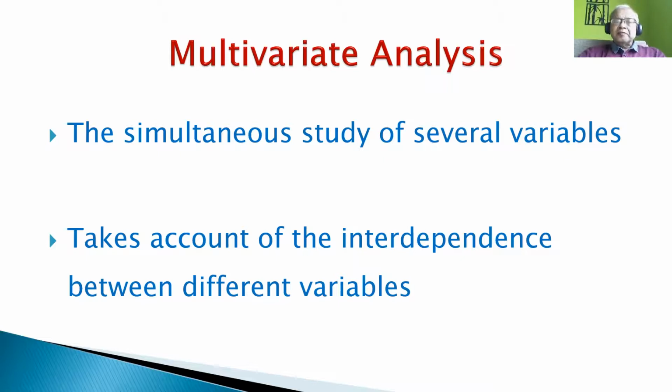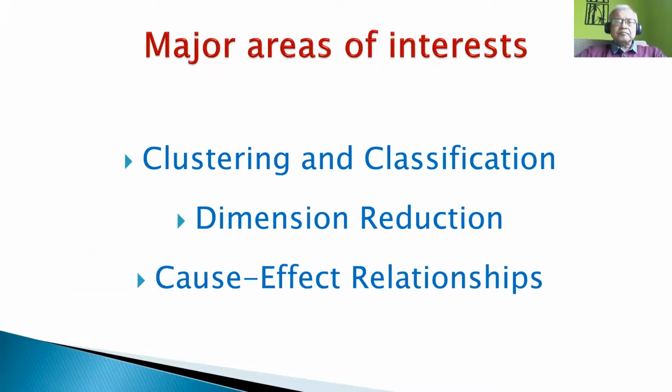But as I said before, when you study simultaneously several variables, there can be at times too many of them, and it becomes unruly. It becomes very difficult to study them together. So we need these multivariate techniques to solve these problems.